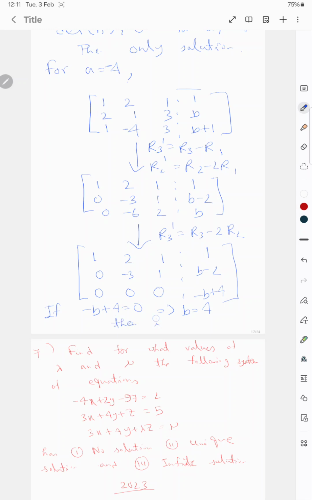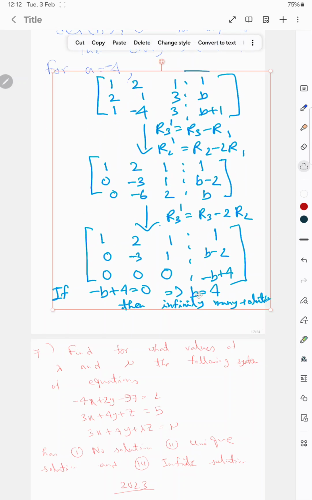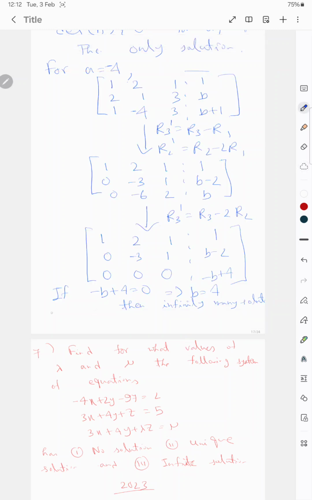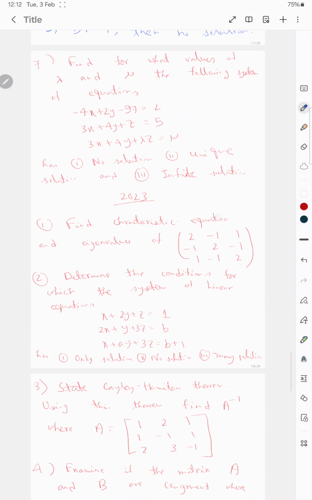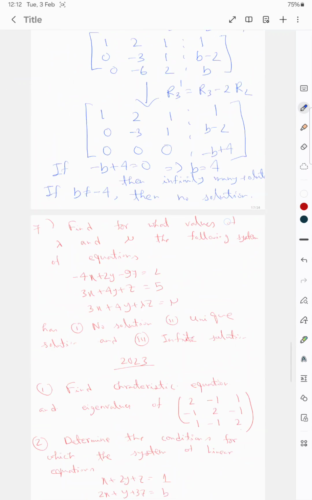Then infinitely many solutions. And if b not equal to 4, then no solution. I think from here onwards you can solve any problem of this type.